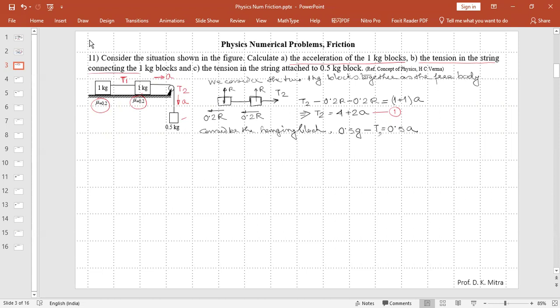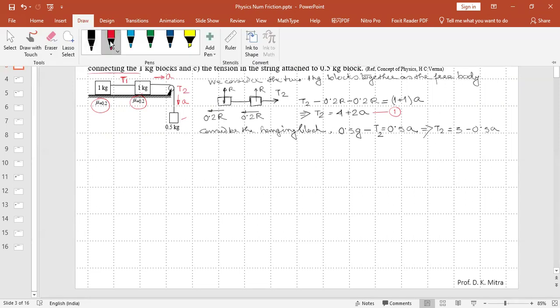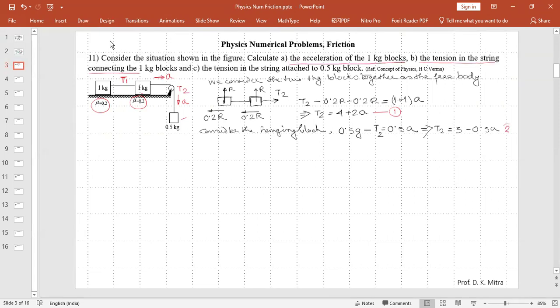And this is T2. Earlier one was T2 and this is another T. From here we find T2 is equal to 5 minus 0.5A. Consider this as equation 2.